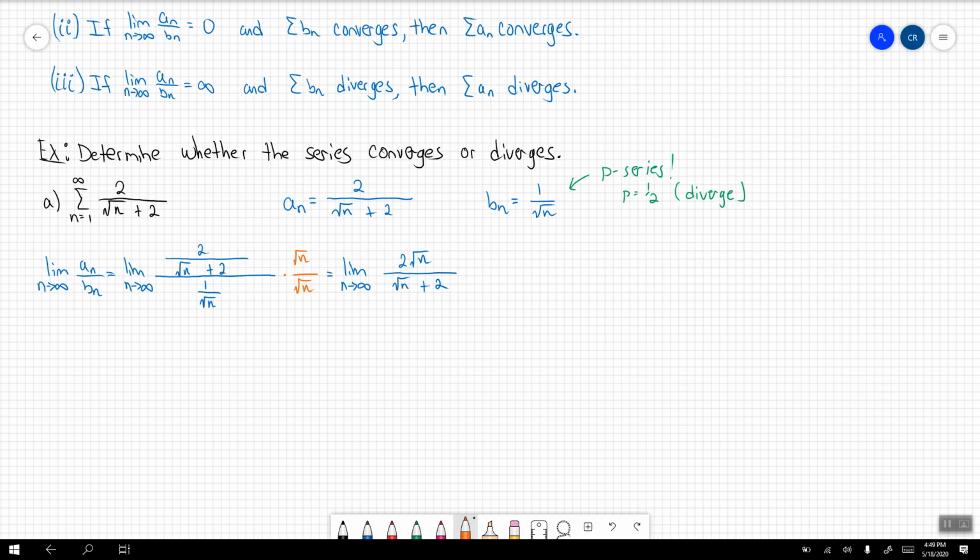All right, now what I'm going to do at this point in time is we could use L'Hopital's rule. That would be okay. That would be one option. A different option is to divide by that 1 over n, and it will then leave us with the limit as n goes to infinity for 2 divided by 1 plus 2 over the square root of n.